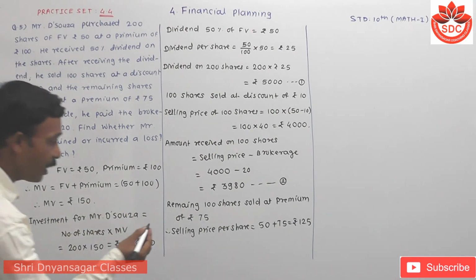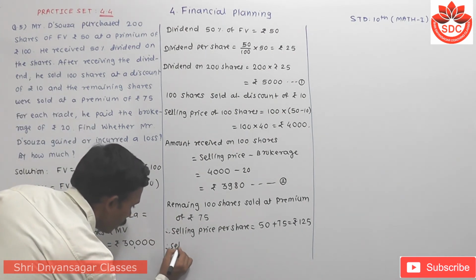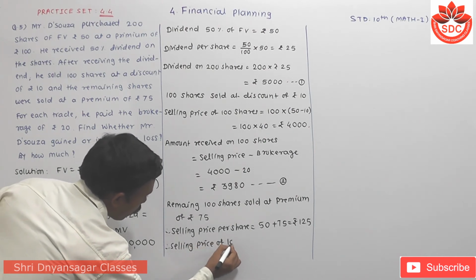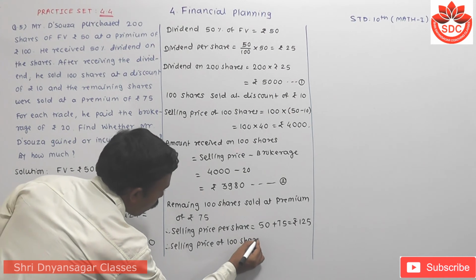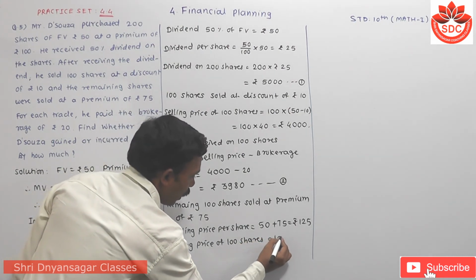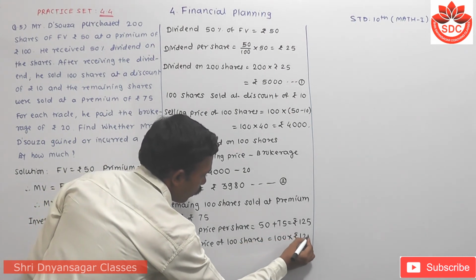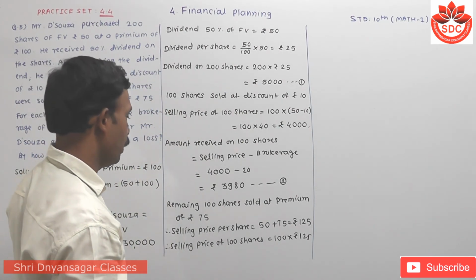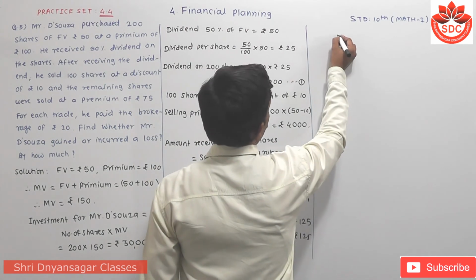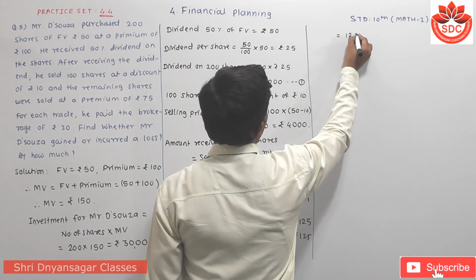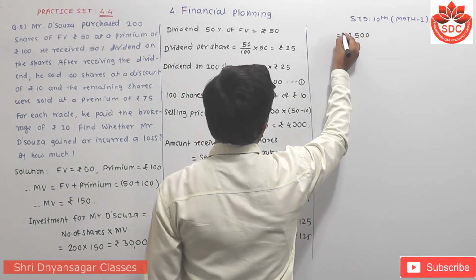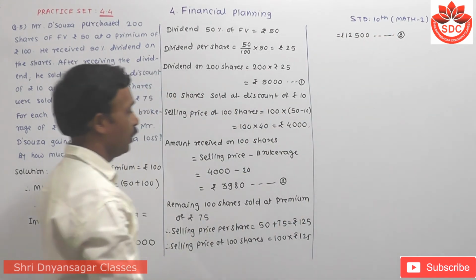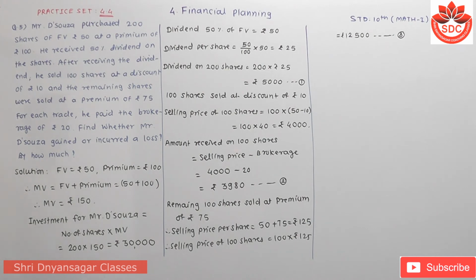Therefore, the selling price of 100 shares is equal to 100 into rupees 125, which becomes 12,500 rupees. This is also an amount, so this is equation number 3.